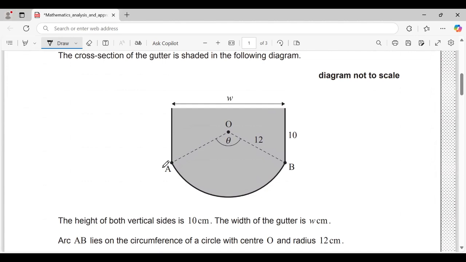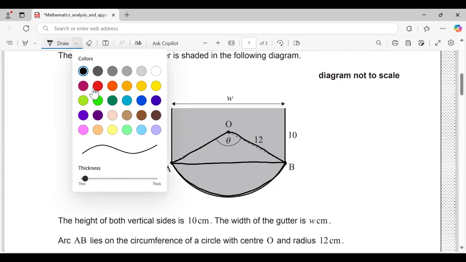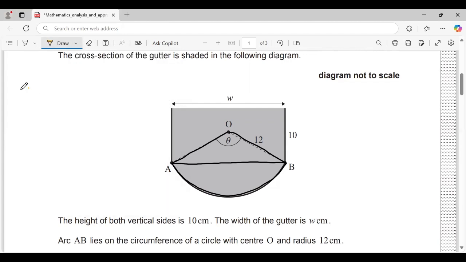We have calculated the sector area AOB. Now I will calculate this triangle area, and after that I will calculate the segment area.